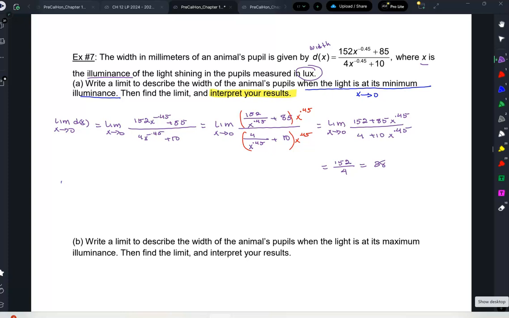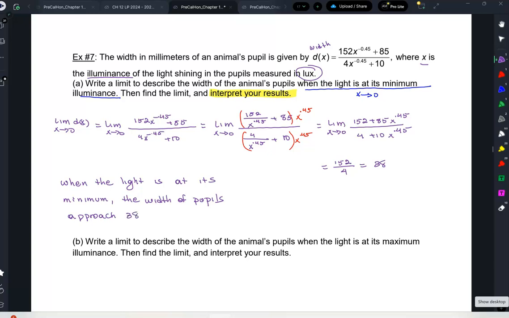So when the light is at its minimum, the diameter, or sorry, the width of the pupils approaches how much? 38.